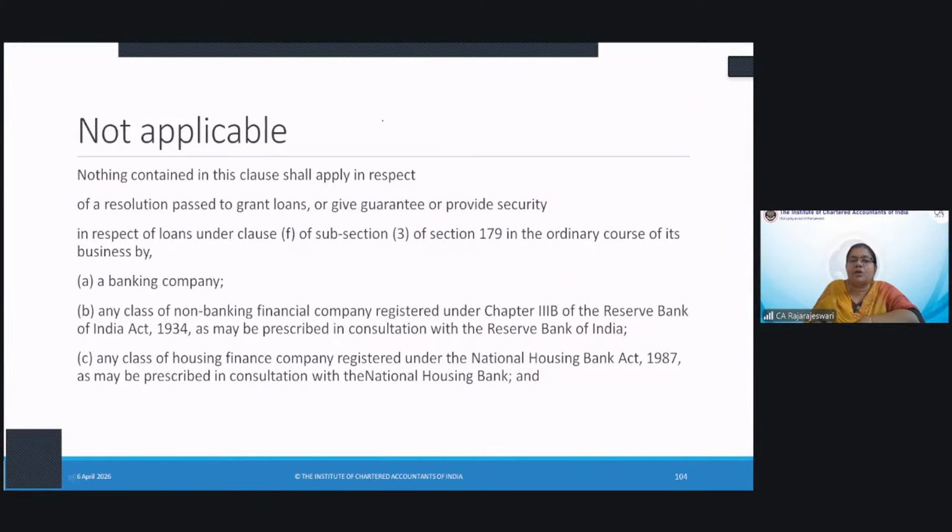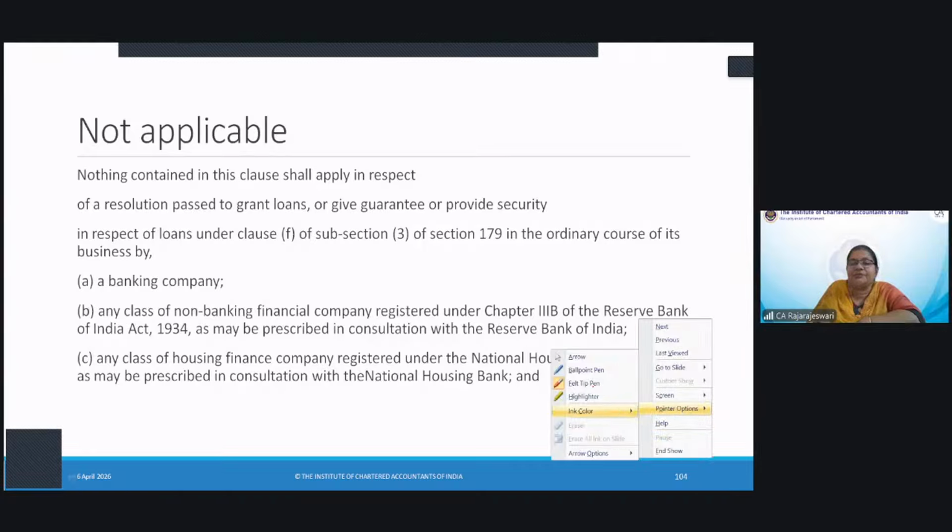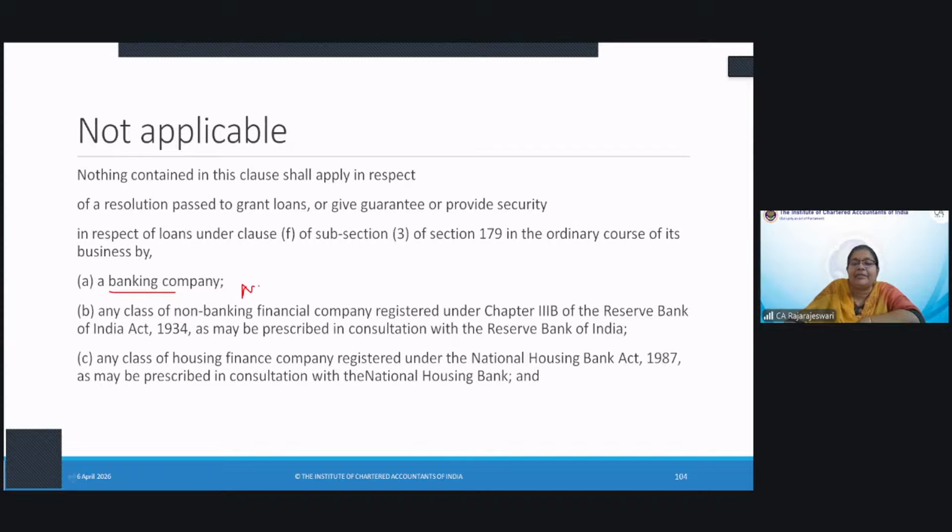Then this clause is not applicable in respect of a resolution passed to grant loans or give guarantee or provide security in respect of any banking company, or any NBFC, non-banking financial company registered under the RBI Act, or housing finance company registered under the National Housing Bank Act.